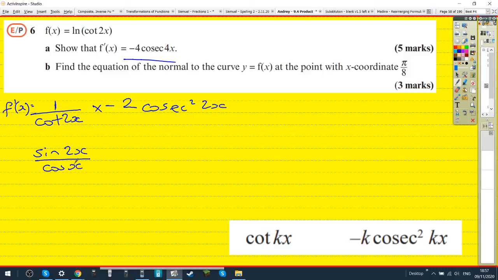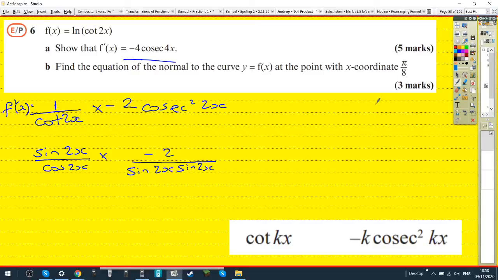Yes. Oops. This thing is the same as sine squared 2x, I think. Yeah. So that's sine 2x, sine 2x. What's going to happen there? Do I need to times the fractions together?